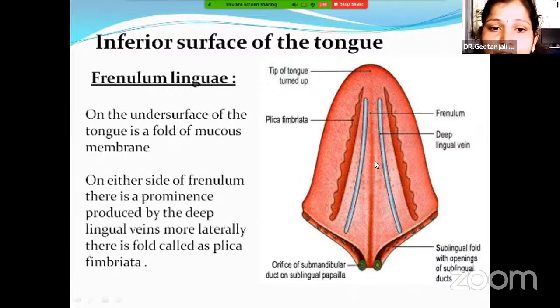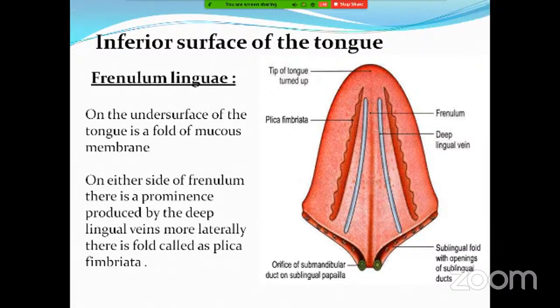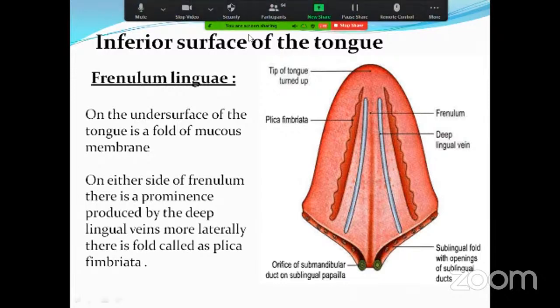What is the frenulum linguae? On the under surface of the tongue, there is a fold of mucous membrane called the frenulum linguae.